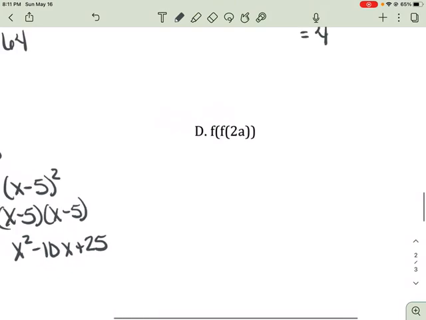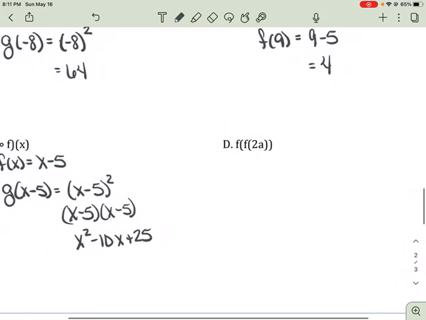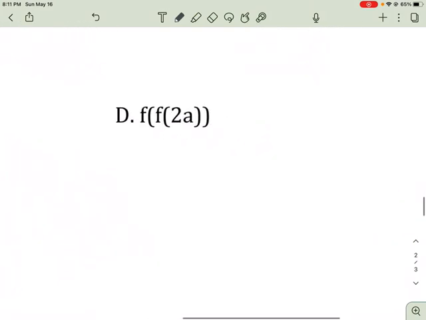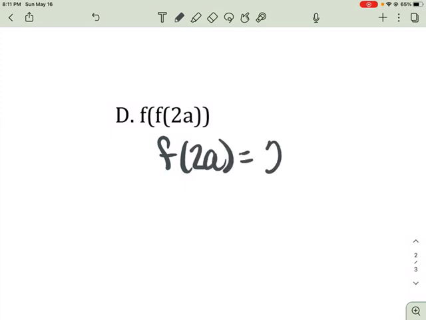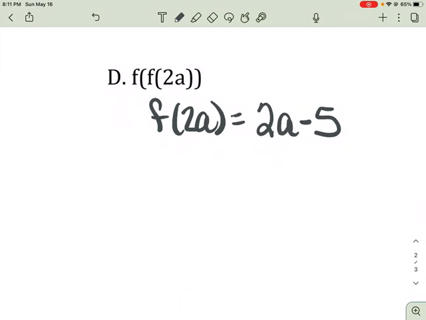All right, so f of 2a. Well, f is x minus 5, so we need to find f of 2a equals 2a minus 5. If you notice, we're working from the inside out, which we usually don't do.